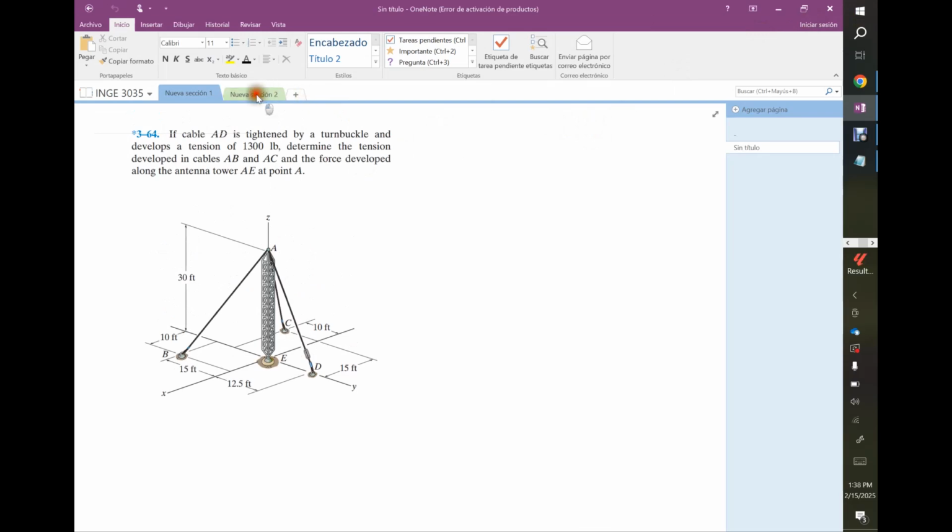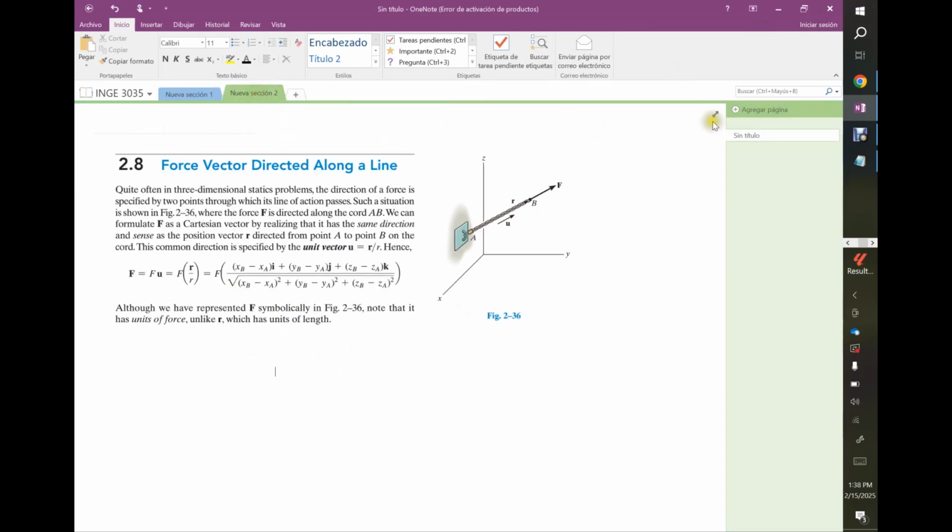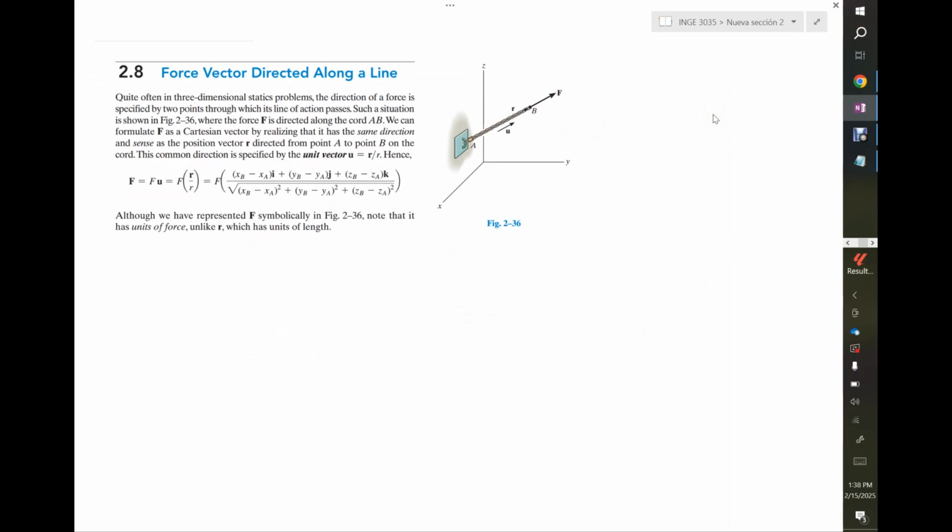So let's see, it has to do with this. Let me get my computer ready to write these things down. All right, here we are. What we have to deal with is three-dimensional forces in our Cartesian coordinates x, y, and z, and they are not coming from the origin.